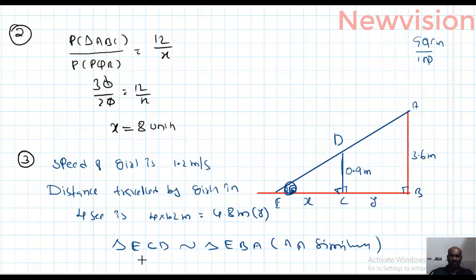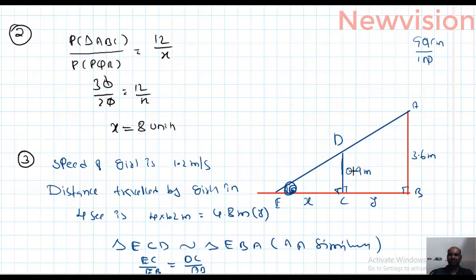EC you want. I will write EC by EB, that is x plus y, that is not a big problem. EB equal to DC by AB. So this is also equal to ED by EA, but you don't want that.